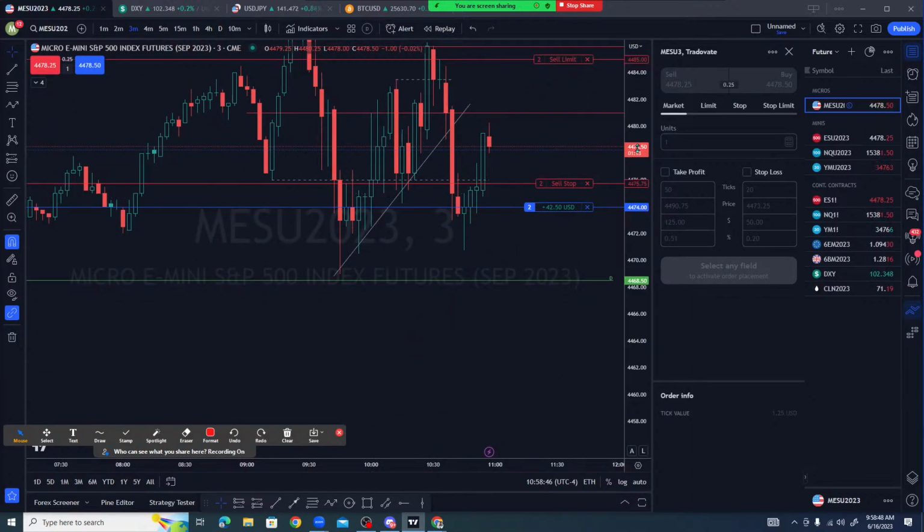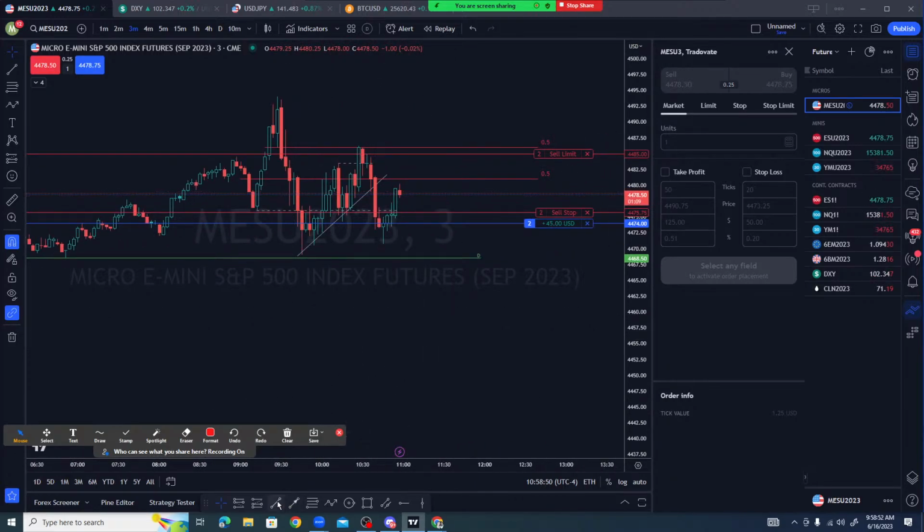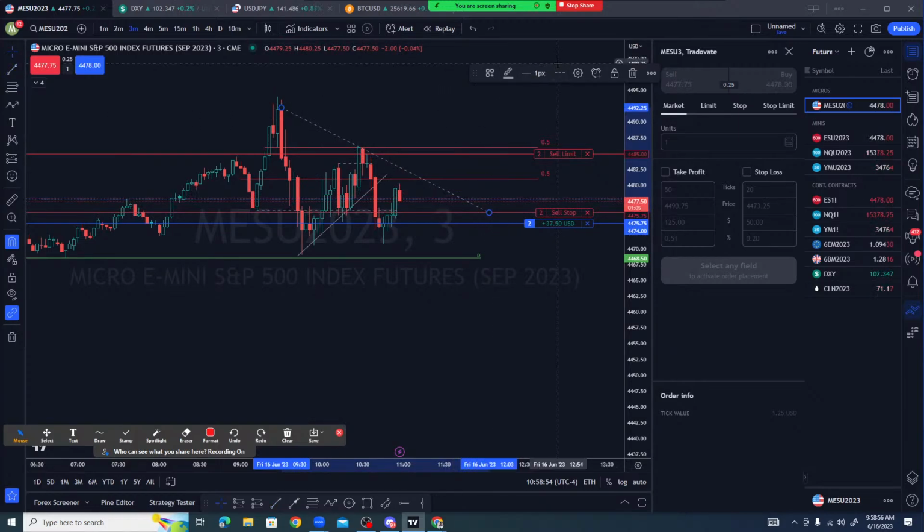Don't know though. Looks like we're just going to range. And let's see. If we go body here, body's there. Make that a solid line because it's a trend line for me. I mean, that would definitely be where I would love to see it get to.